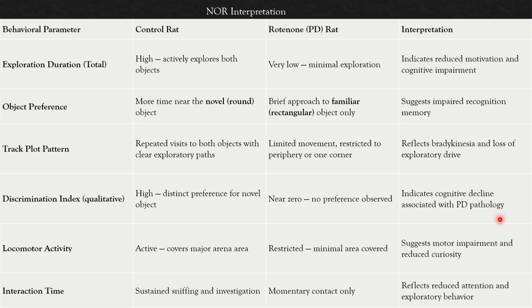So there are various interpretations based on it. In PD rats, we saw impaired recognition memory, bradykinesia, reduced exploratory drive, and cognitive decline, motor impairment, etc.